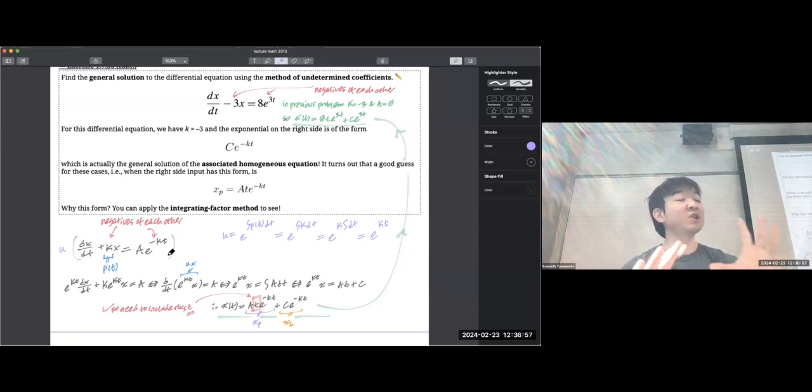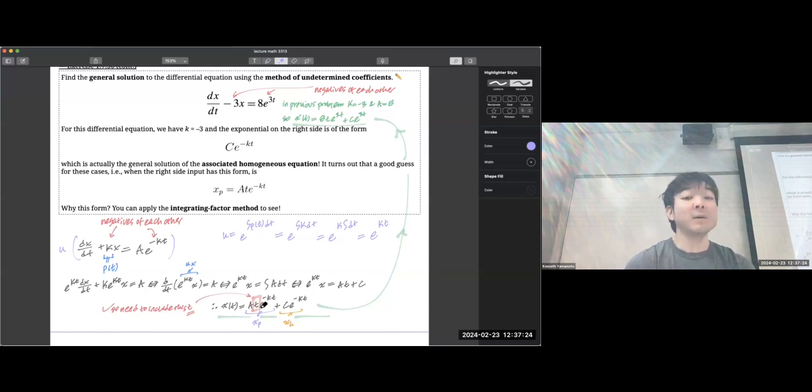So I built a general linear first order differential equation with an exponential forcing function, with the coefficients in front of x and the t being the same number but negatives of each other, and then did the integrating factor method. Then you get that automatically there is a solution that looks like this, and you can already see by inspection that this was the homogeneous and this would have been the particular, and the particular had a t to it.